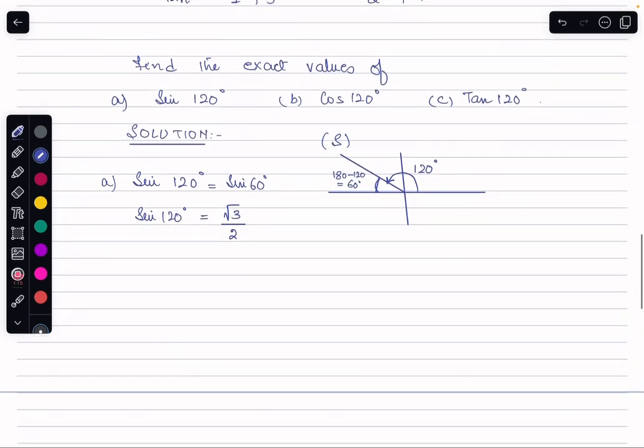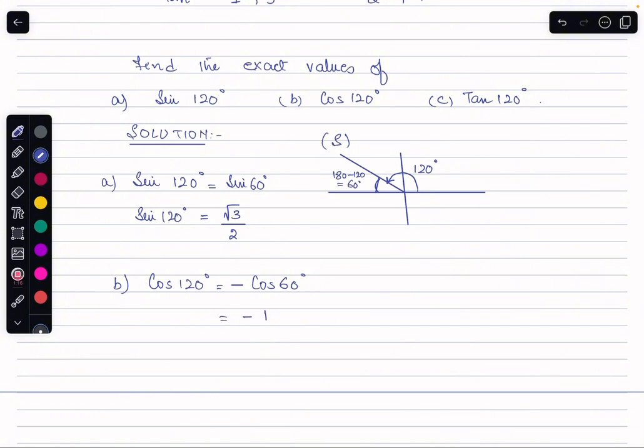Now, if the question says find cos of 120 degrees. Again, 120 degrees is in the second quadrant, but we know that in the second quadrant our cosine is negative. Therefore, I'll simply say that it's going to be equal to negative cos of 60 degrees. Cos of 60 degrees is 1 by 2.